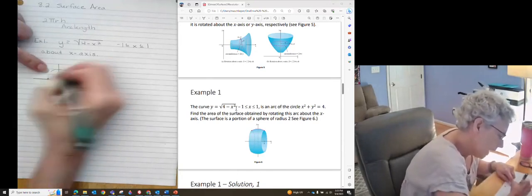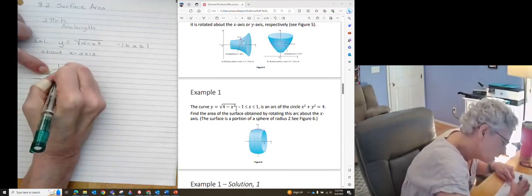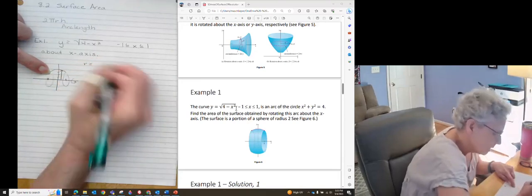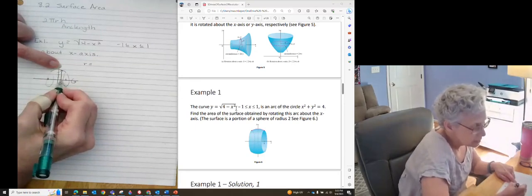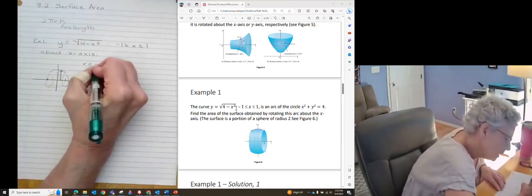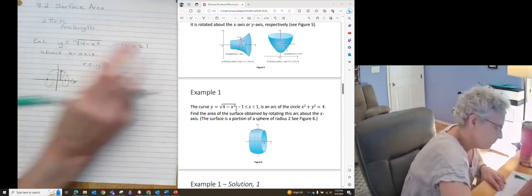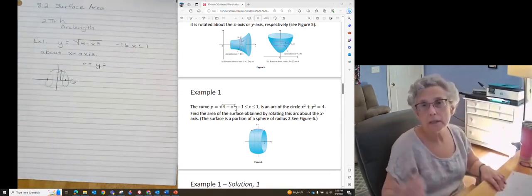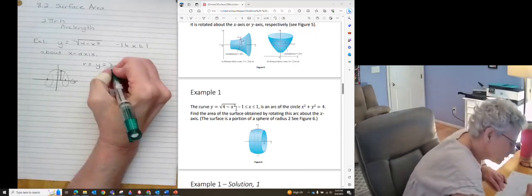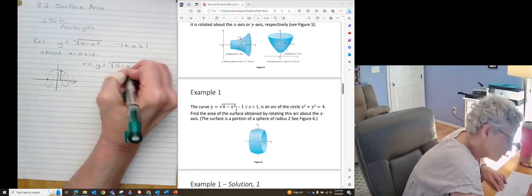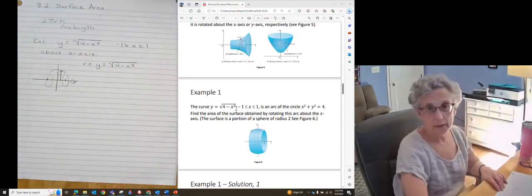But I can see that this is my radius. My radius is the distance from the x-axis to the line. So my radius is equal to y, but everything's in terms of x's here. I want to integrate with respect to x. So my radius is going to be the square root of 4 minus x squared.